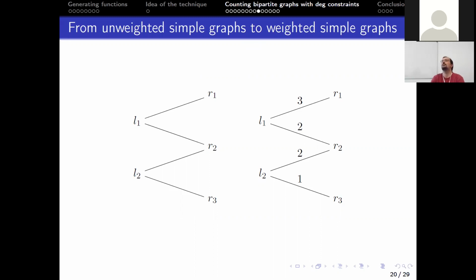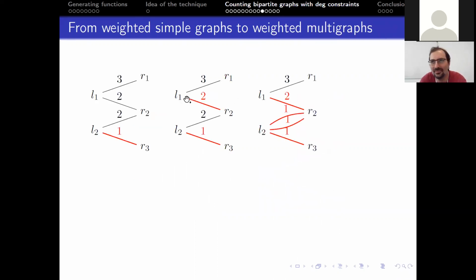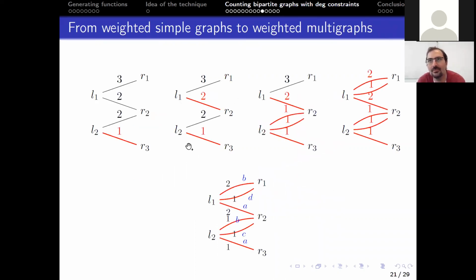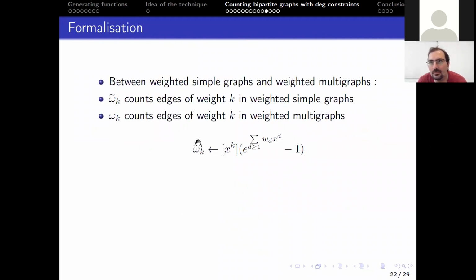Well, I hid something here. You do that, then you do that, and if you notice, this transformation is between weighted simple graphs and weighted multigraphs. So you apply this transformation, but here the omega tilde actually will be a special vector, and this special vector will be omega and 0, 0, 0, 0.